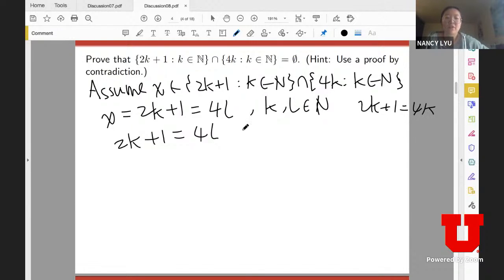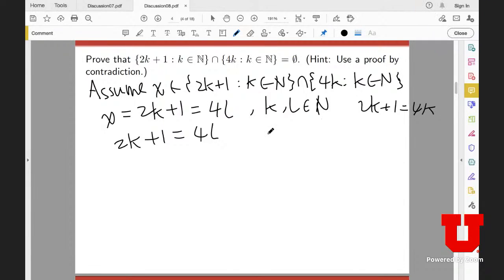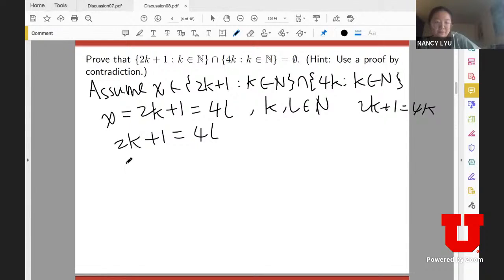So how are we going to start from here to actually show that this is a contradiction? Could you divide both sides by 4 to show L is not a natural number? If we do divide both sides by 4, let's see what we get.